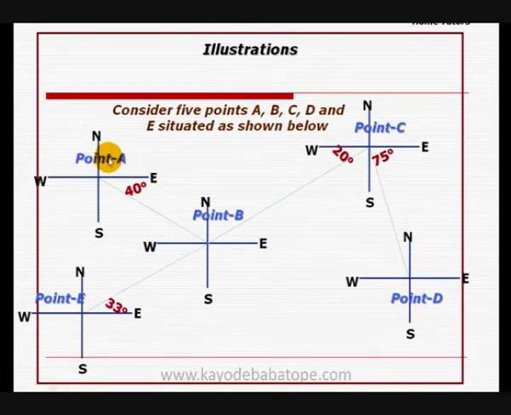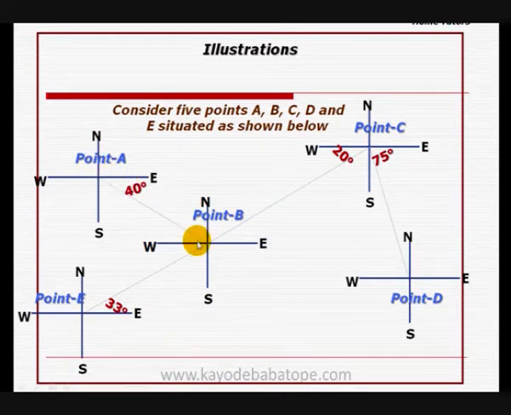This is point A, point B, point C, point D, and point E. Now, point B is on a bearing of east 40 degrees south of point A. Or you can say it is on a three-figure bearing of 90 plus 40, which is 130 degrees.